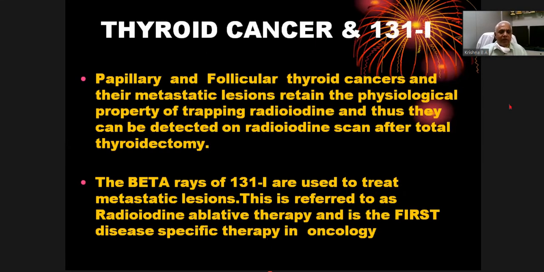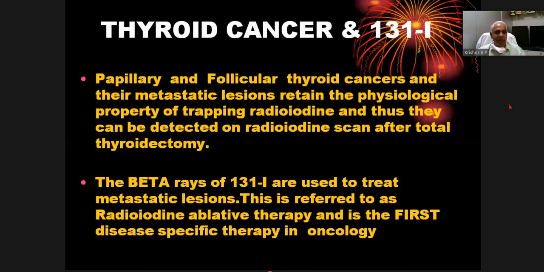Papillary and follicular thyroid cancer cells and their metastatic lesions retain the phenotype property of trapping radioiodine, and hence they can be detected on radioiodine scan after total thyroidectomy. They do not use this for hormonogenesis.